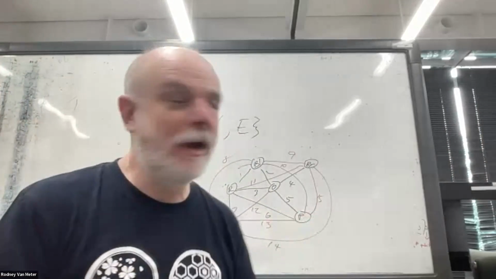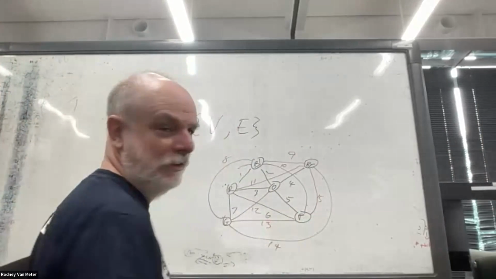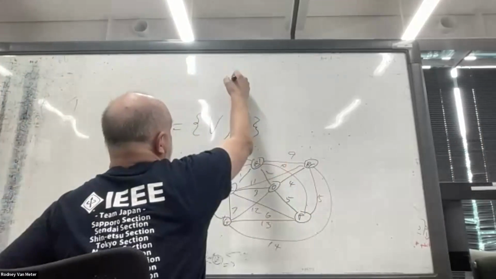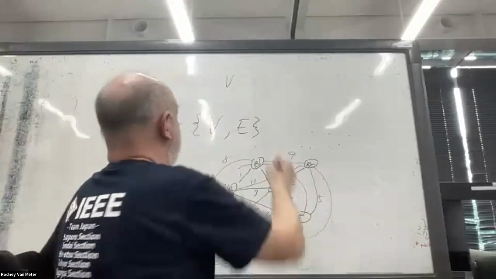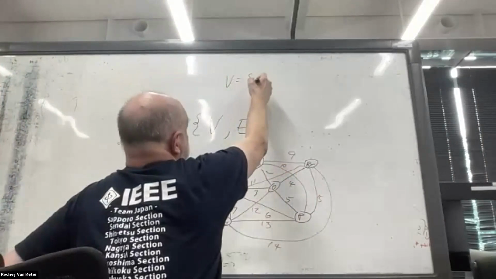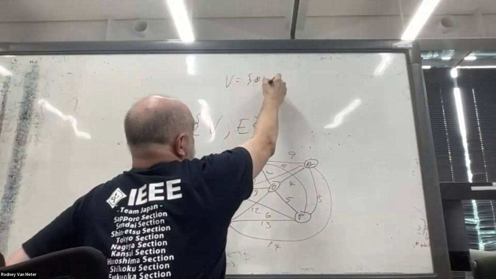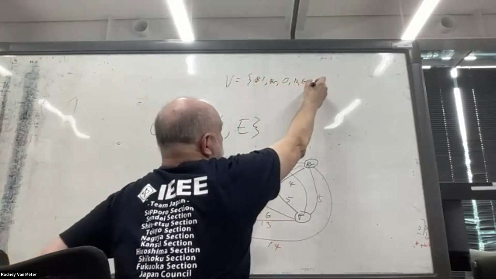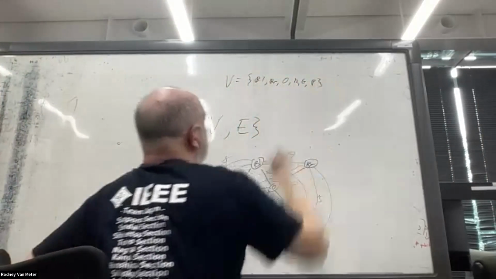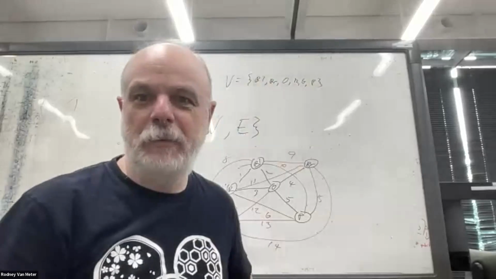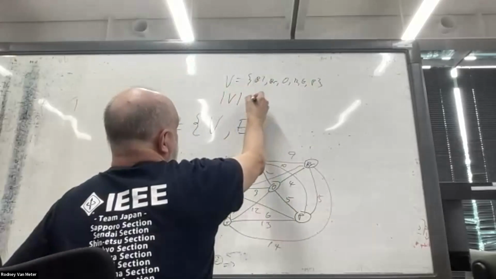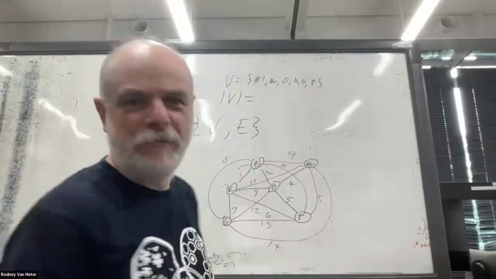One of the ways in which we can write this, we can write the size of the set. We have the set V. So V is this set: blue, brown, orange, red, green, purple. What's the right term for that?